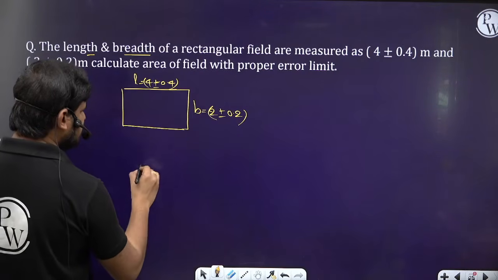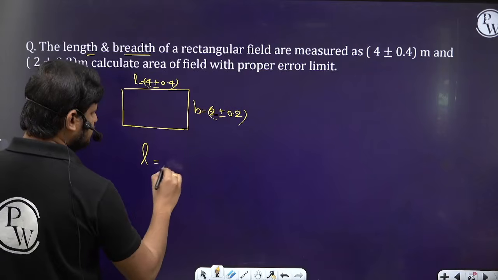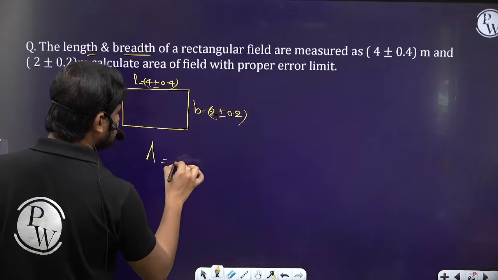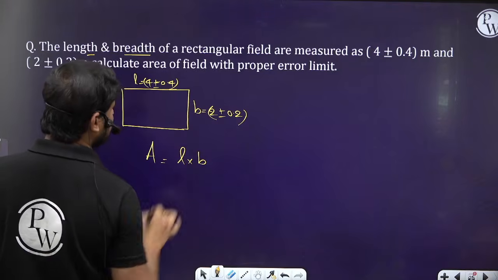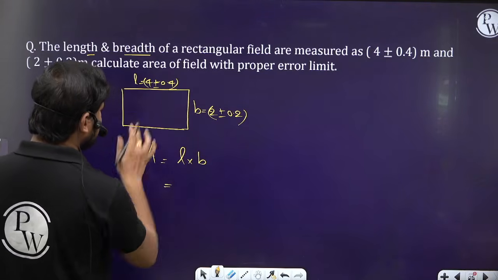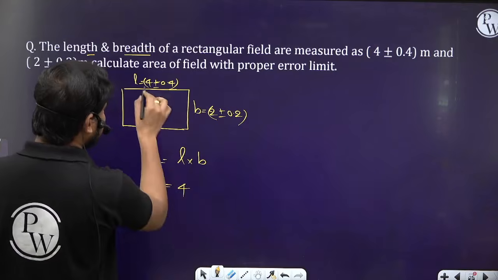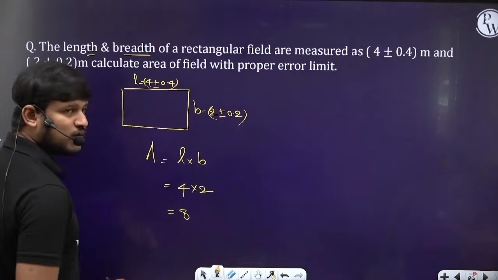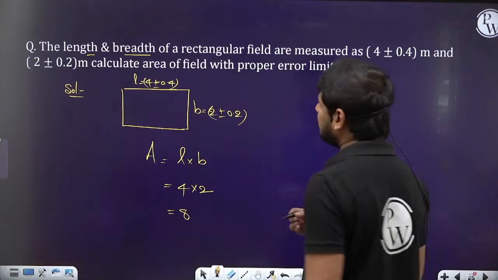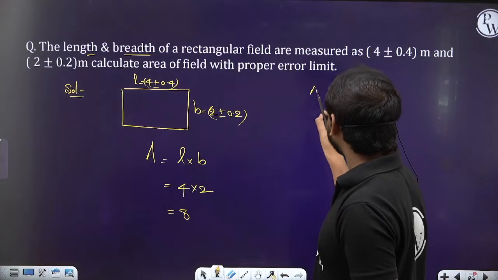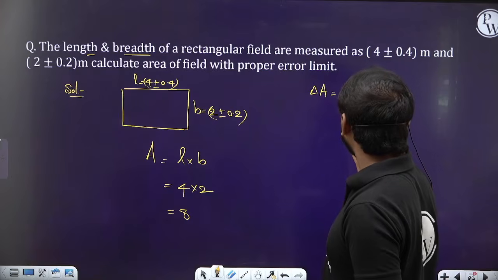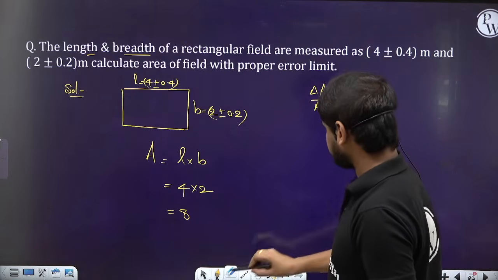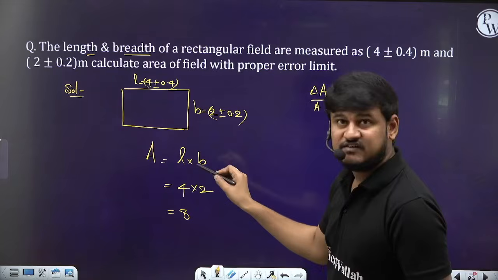The area A is equal to L into B. First calculate the true value. The length is 4, the breadth is 2, so the area is 8. Now what is the error?